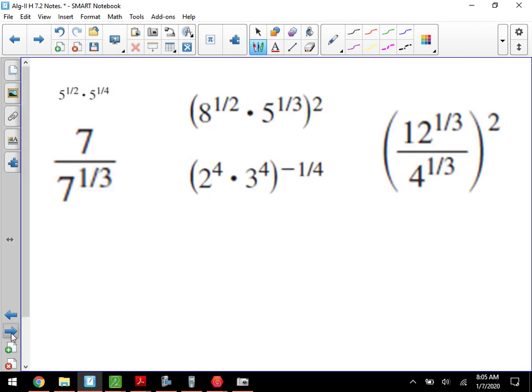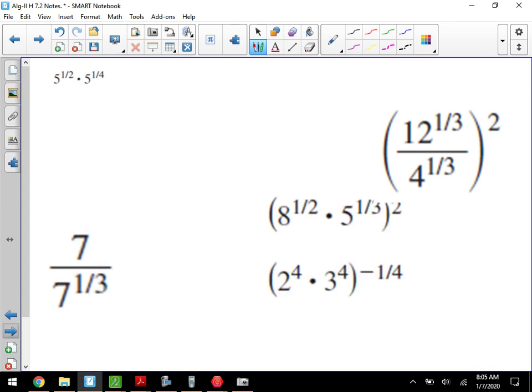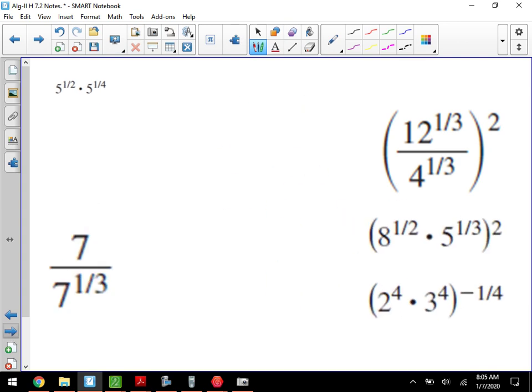Other thing we'll wind up doing, let's go one at a time. Let's look at that 5 to the 1/2 times 5 to the 1/4. Once you switch it to the exponents, I'm not going to have you switch back and forth. 5 to the 1/2 times 5 to the 1/4.